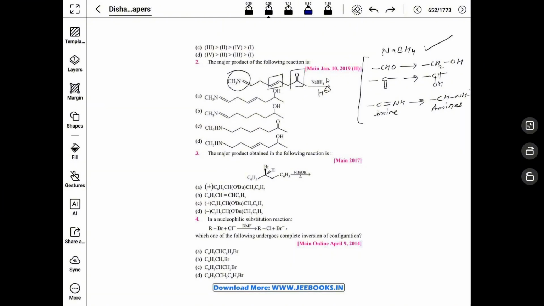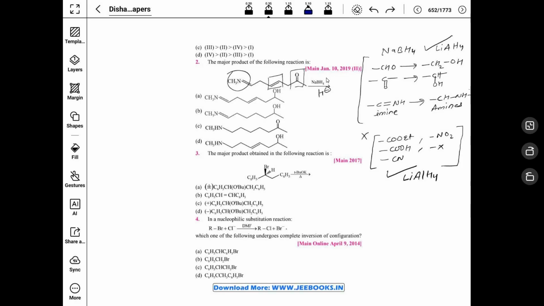The functional groups sodium borohydride cannot reduce are ester, carboxylic acid, cyanide, nitro, halogen. These functional groups cannot be reduced by sodium borohydride, but they can be reduced by lithium aluminum hydride. Lithium aluminum hydride can reduce all these functional groups because it is a very strong reducing agent.